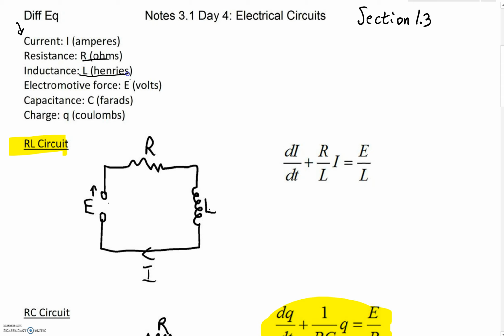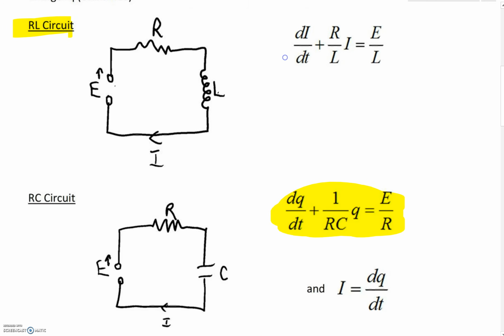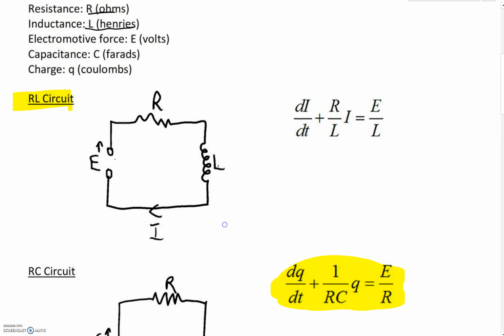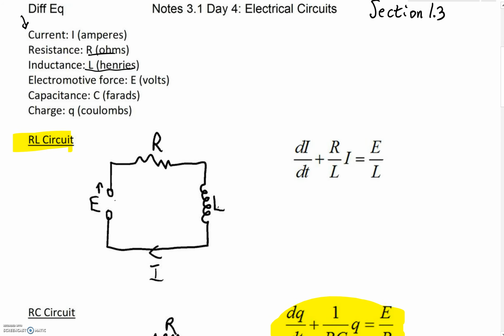That's measured in henries. Electromotive force is represented by E in volts. Capacitance is C, measured in farads. C usually will be designated with two parallel bars. And charge, Q, is in coulombs.